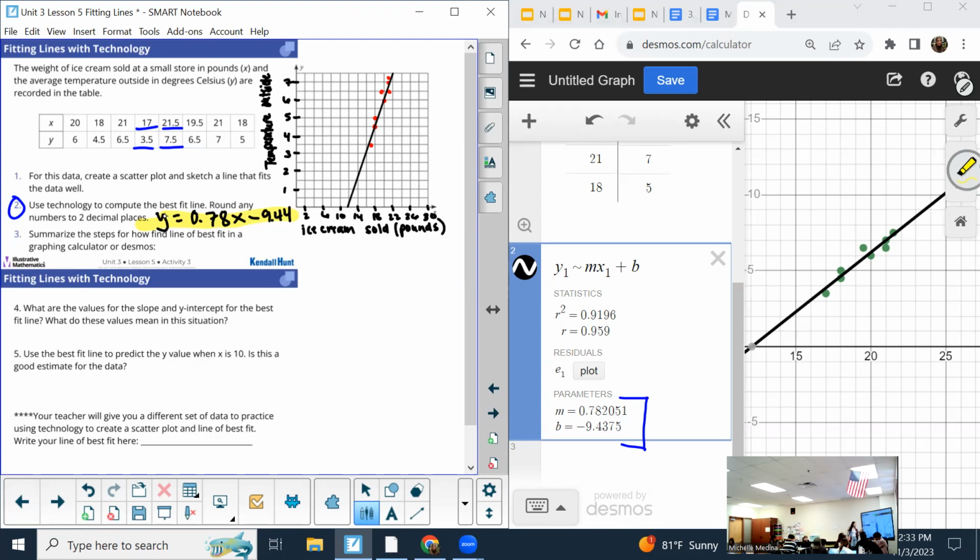What is that representing? And then number 5 says use the line of best fit, which is our line of fit, what I highlighted in yellow, to predict the y value when x is 10. And then tell me if it's a good estimate or not. So do that. Number 4 and 5 is what I'm having you do. Make sure by the end of 4 minutes that you guys agree. You will find a reporter after that. 4 and 5.